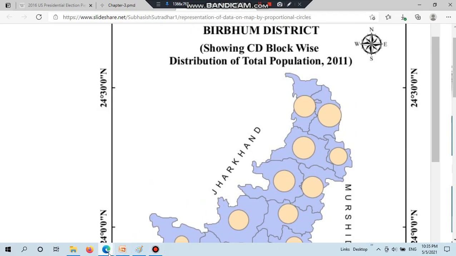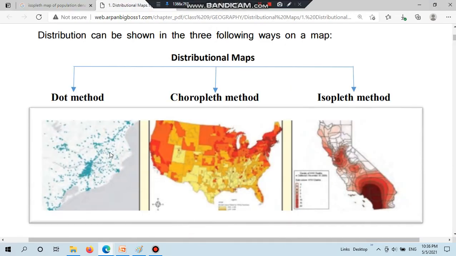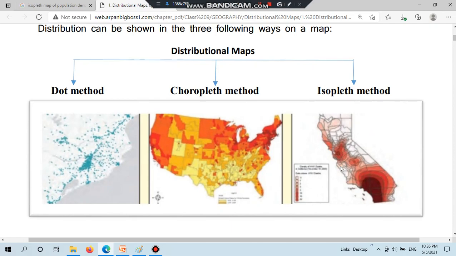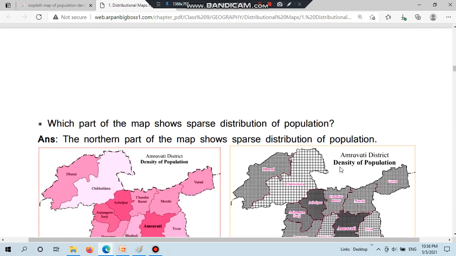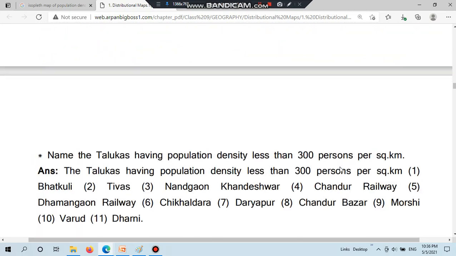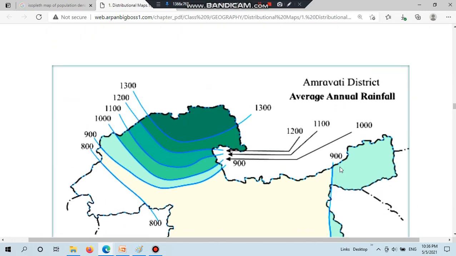Another thing, okay, this is another map. This is the dot method, choropleth method, and isopleth method. The isopleth method is not really applicable for population mapping, because if a student or researcher goes through the rainfall region or the agriculture region, then he or she can identify the region on the basis of lines of uniform distribution.